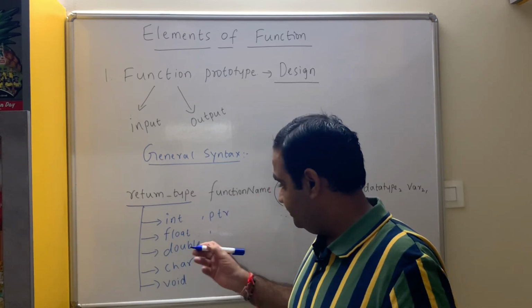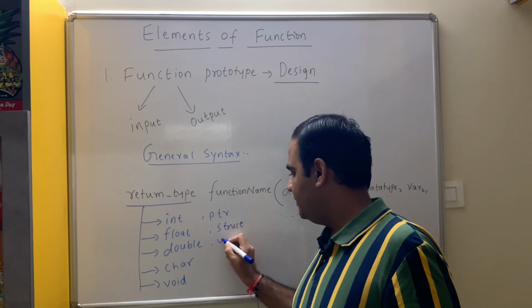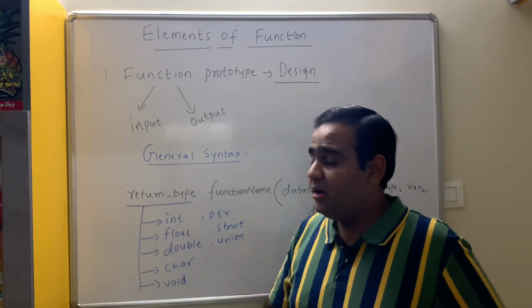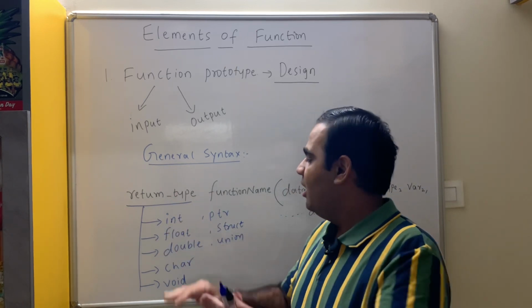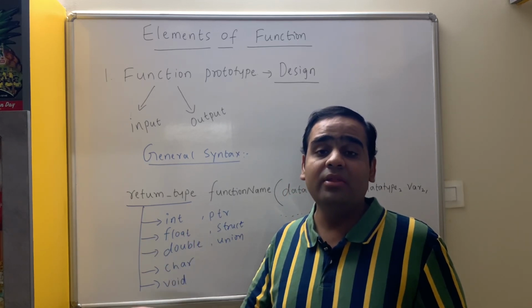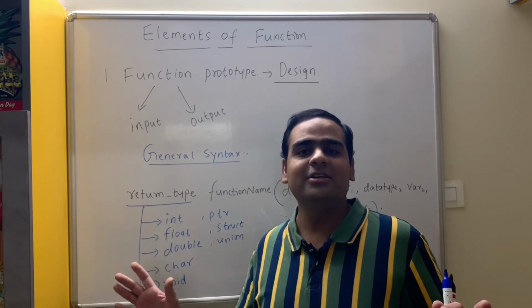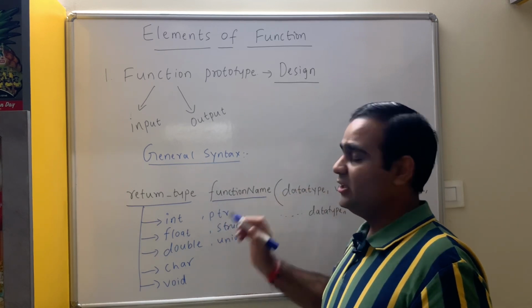It can be struct, union or any other data type. What does it mean if I say the return type is int? It means after the function completes its execution, it's going to return the answer in the form of an integer. Which integer? Any integer.